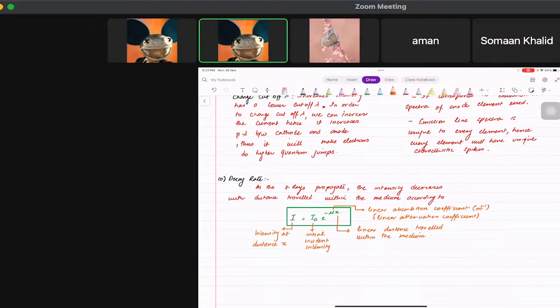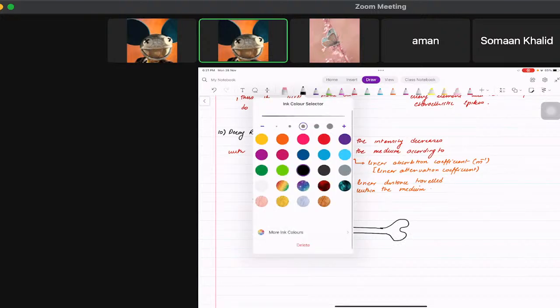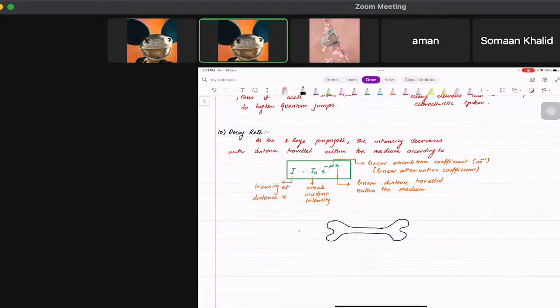So what I mean by this is, let me try to draw a bone, though I don't know how it looks. Okay, like that. Suppose this is a bone, and we're looking at the bone from this axis.